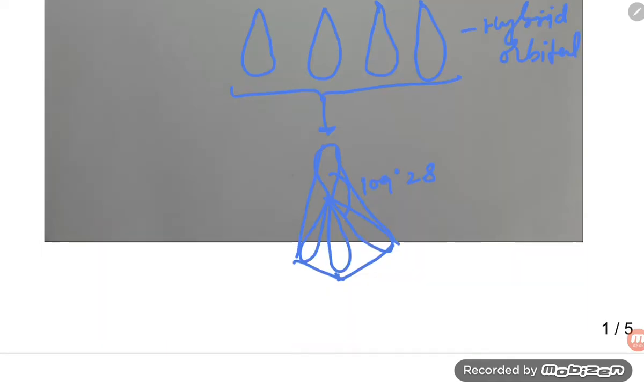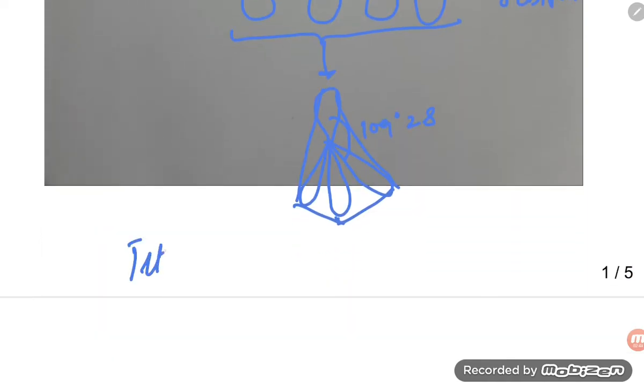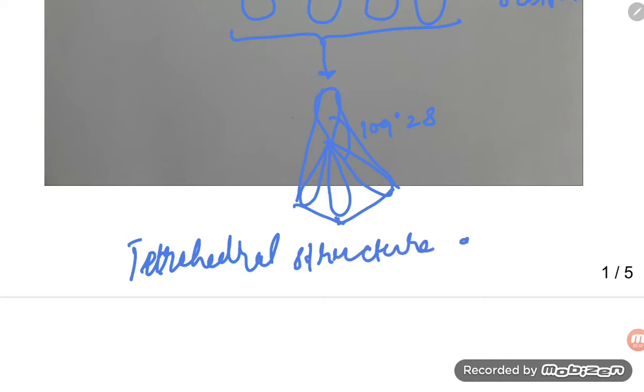This is the tetrahedral structure of sp3 hybrid orbitals, right, students?